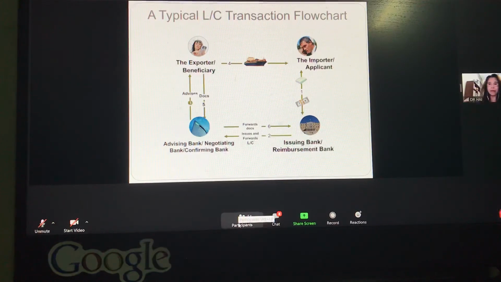It can happen. Yes or no? I just said two different cases. Two different ways you react after knowing that the documents are non-CP. First case, you say, oh, no, please refuse payment.